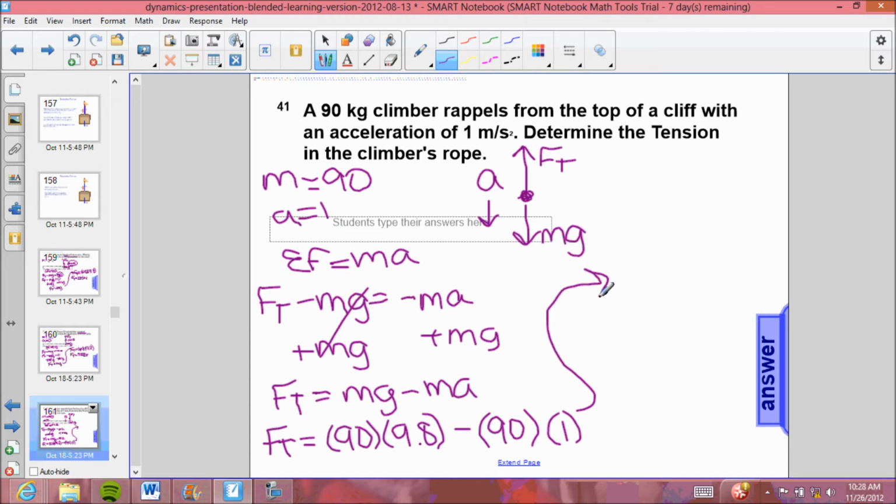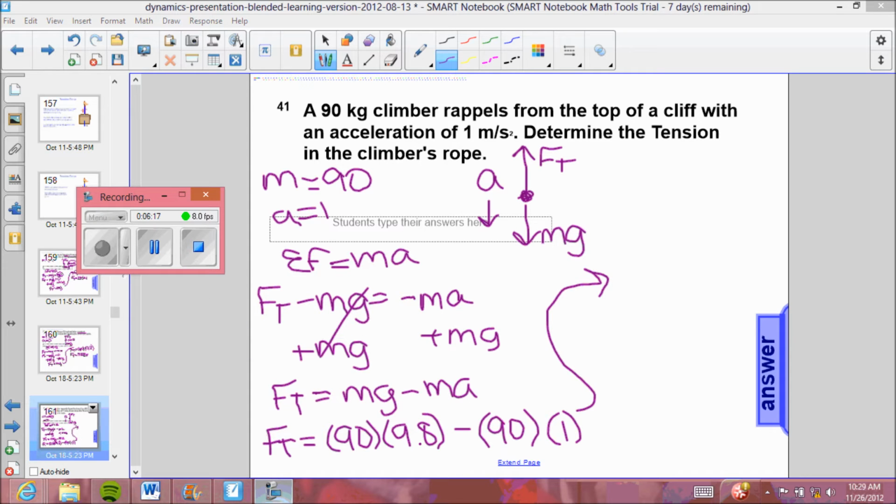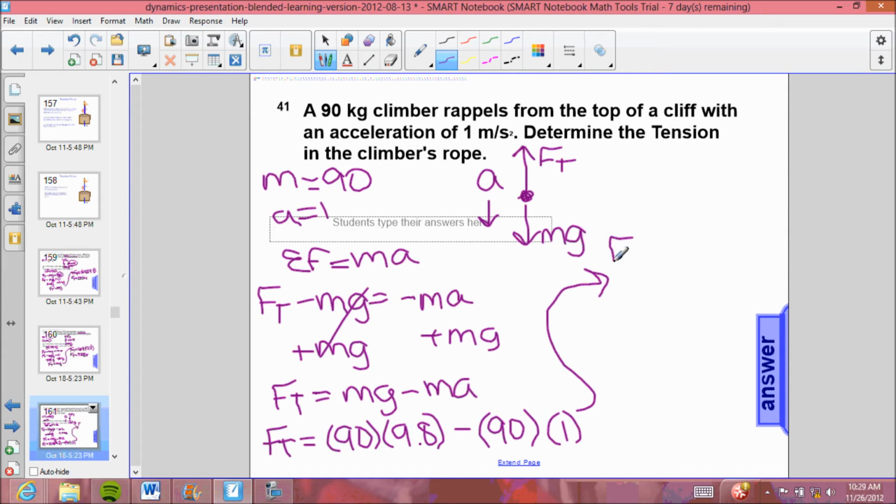And that gives us Ft equals 882 minus 90. So our Ft is going to equal 792 newtons.